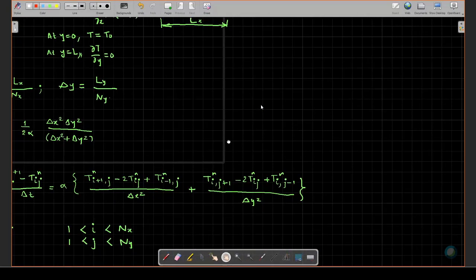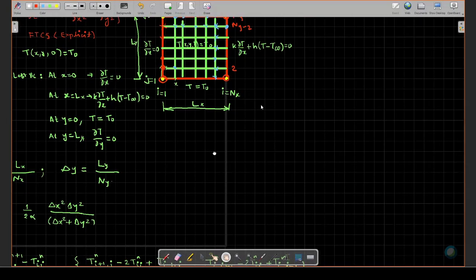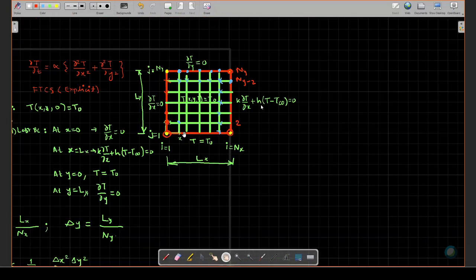Suppose you want to divide this domain into these many points, 1, 2, 3, 4, 5, 6, 7. Then nx means 7. But if you want this to be discretized into cells, 1, 2, 3, 4, 5, 6, so 6 cells. So the number of cells will be nx minus 1 if nx means grid points.